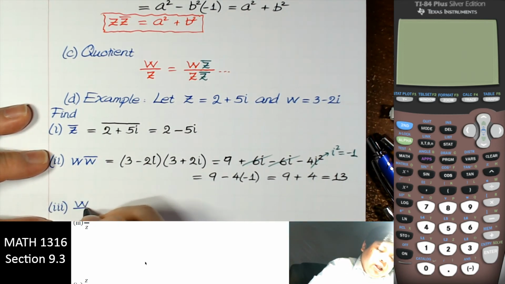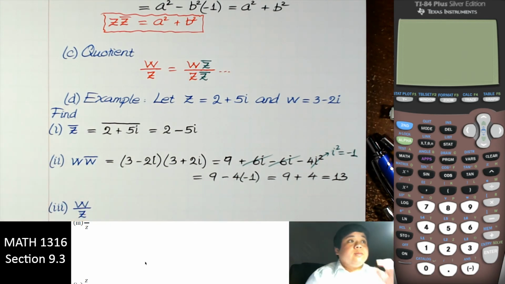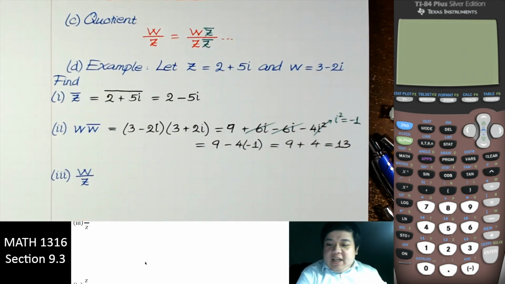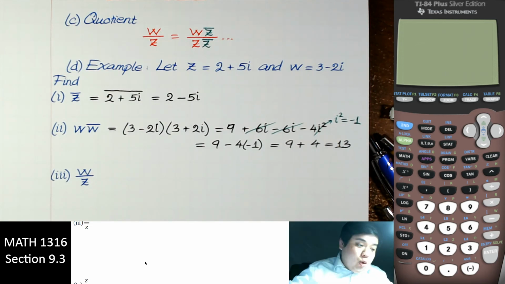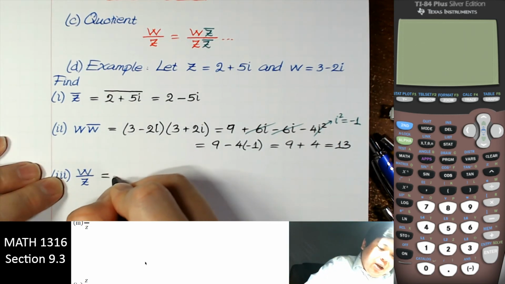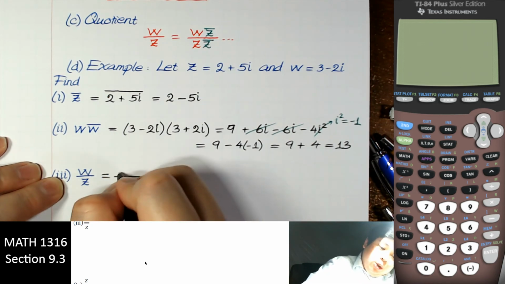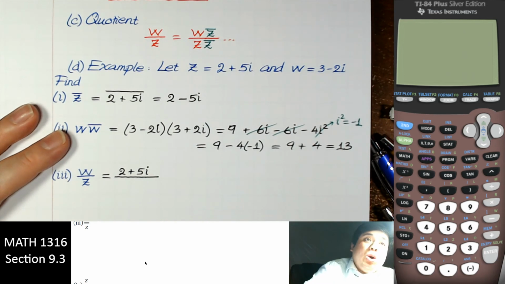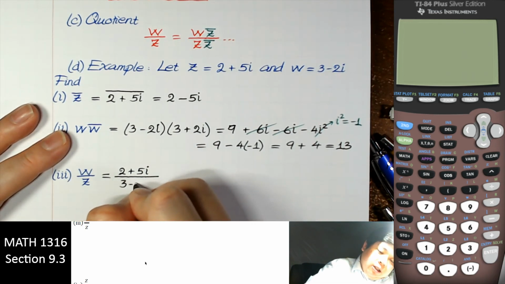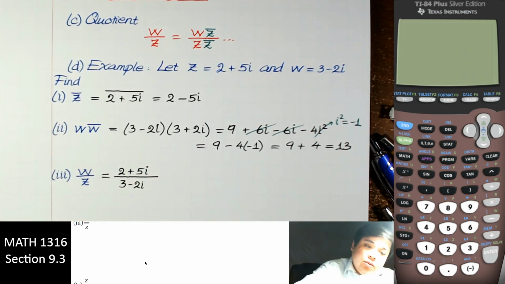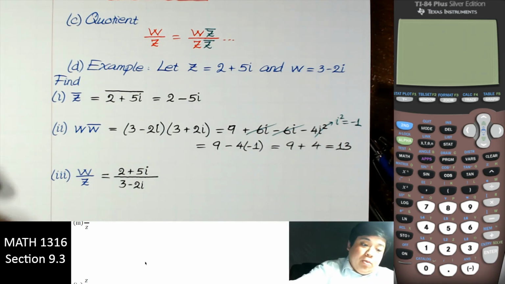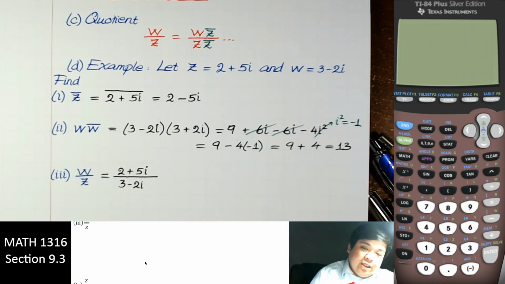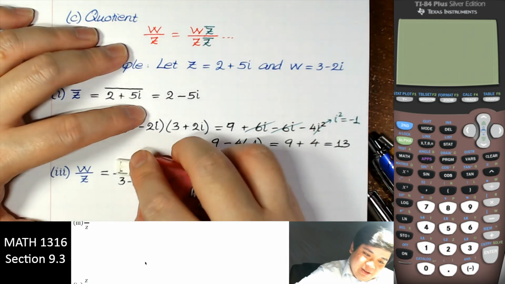W divided by Z. Alright, now this is a little bit different. So let's just put the numbers first. Z is 2 plus 5i and W is 3 minus 2i. Of course, I put them backward, sorry.